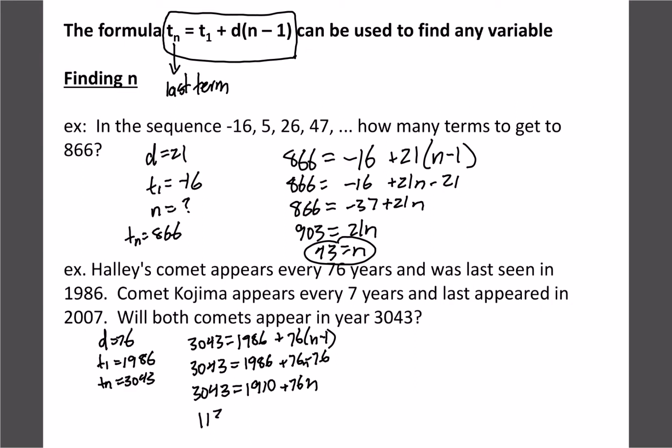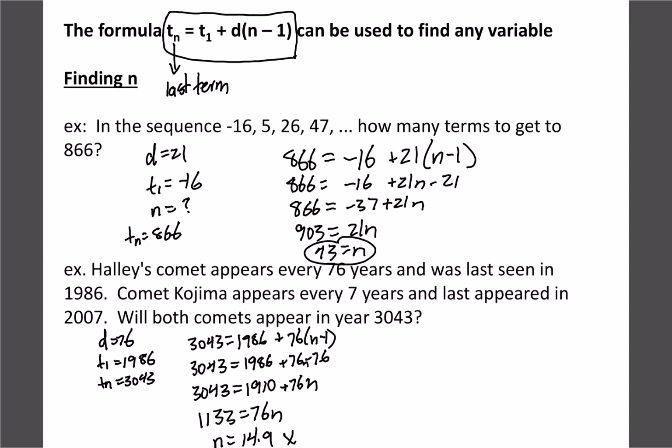So 1133, and divide by 76, and we get 14.9. So the question then is, will it appear in 3043? Well, if we're getting an n of 14.9, that means we have a decimal answer, which is impossible, right? n is first term, second term, third, fourth, fifth, and so on. So it has to be a whole number. So that one's not going to work.